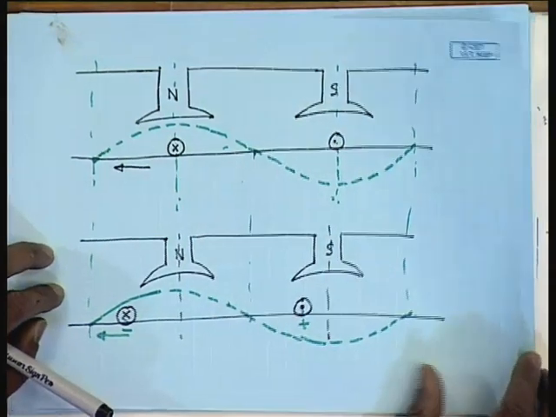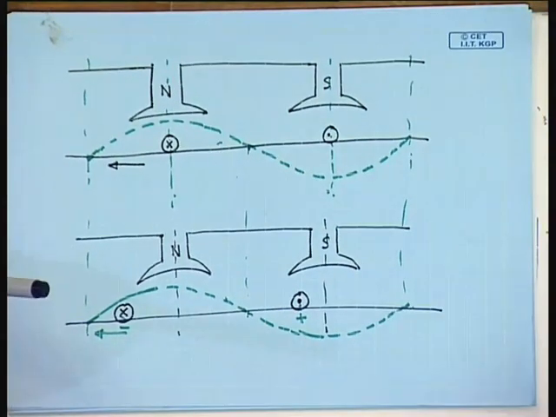However, as soon as I connect an external load which may be a resistance, then a current will start flowing. The current will flow in such a direction that it will try to slow down or stop the motor. That is, it will produce a torque which will oppose the motion.